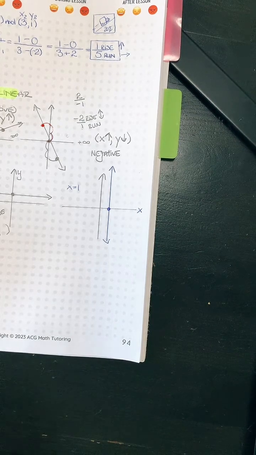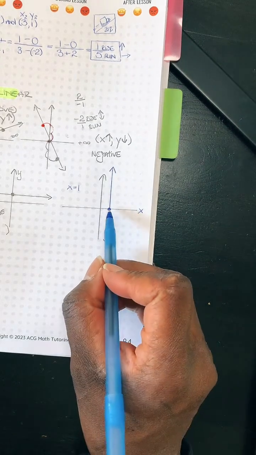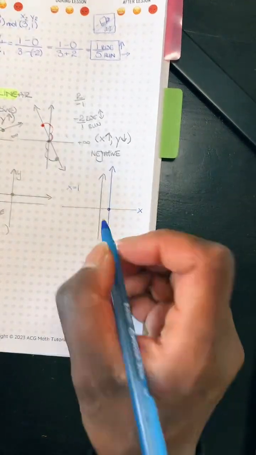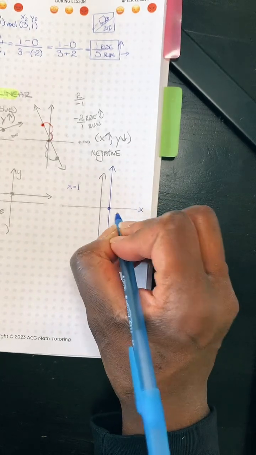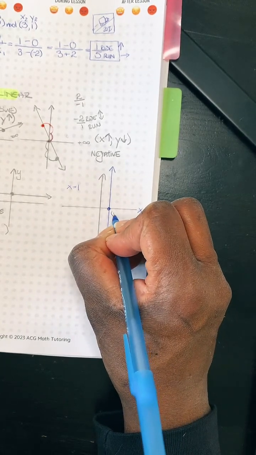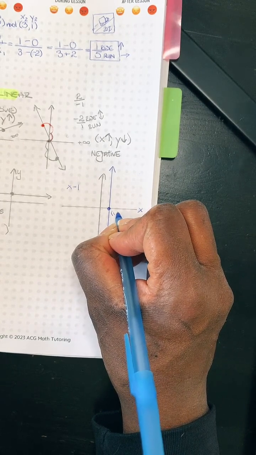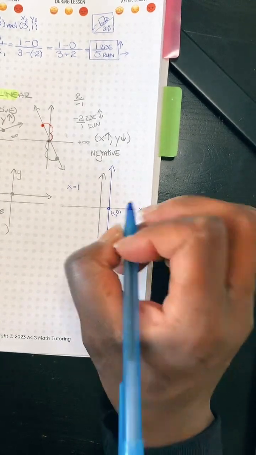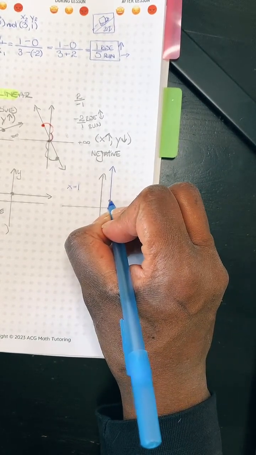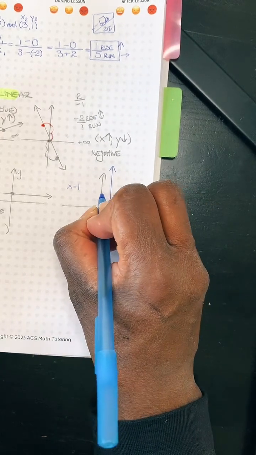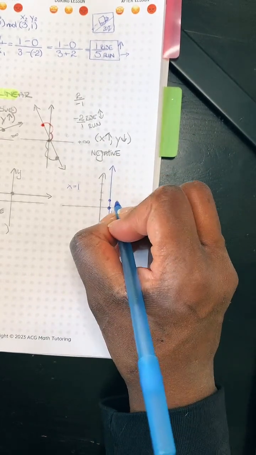Okay. And then I have Milton with a no. All right. So remember I said that this point is at 1. So let's say the ordered pair of this is 1, 0. Let's say that this is 1, 2, 3 for the y-axis.